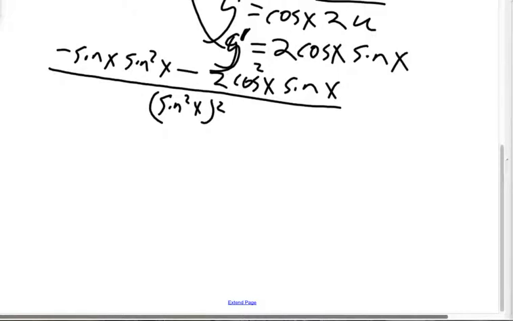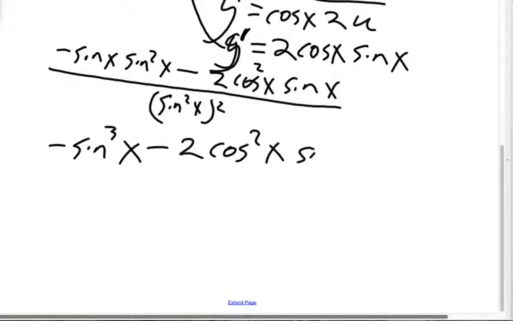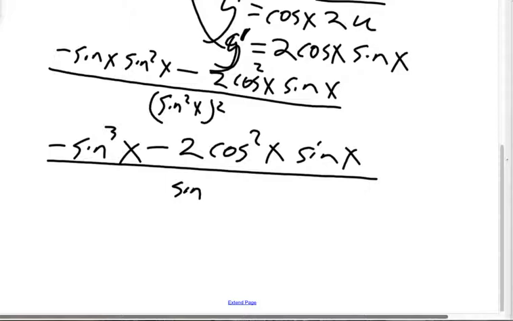So I'm going to have negative sine cubed of x, sine of x on sine squared of x, minus 2 cosine squared of x sine of x. So what I want to do now is all of this is going to be over sine to the fourth of x. I notice I've got a sine of x in here, and I also have a negative.